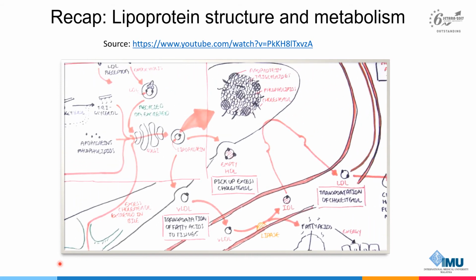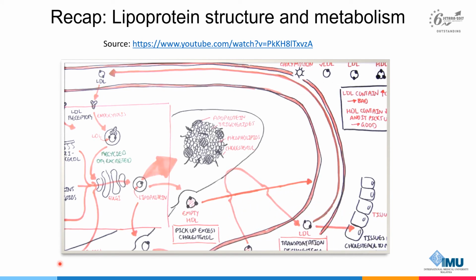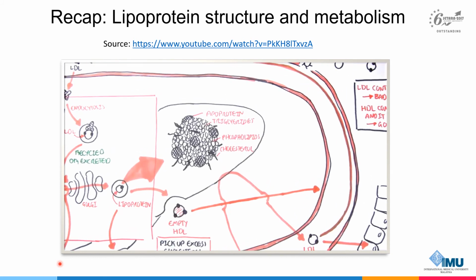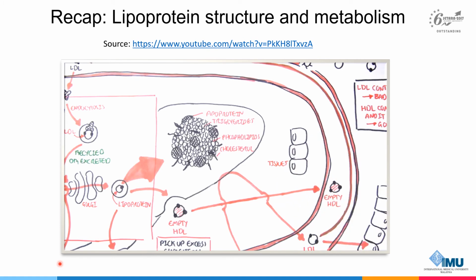Now, finally, we go to our last lipoprotein, which is the HDL. Here we have the empty HDL. The empty HDL's main function is to pick up excess cholesterol, or cholesterol in general. So it enters the circulation, and here we have tissues or cells that have excess cholesterol.